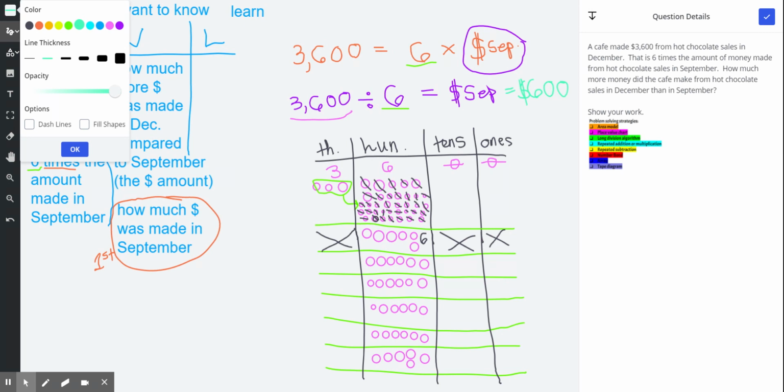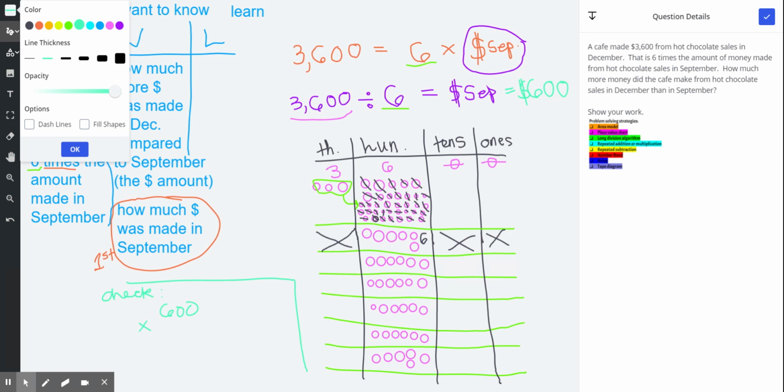If I wanted to check my work, which is always a good idea, make a little box here, check our work. All right, so I would take my $600 that I got as my quotient, multiply that by my divisor, which was 6.